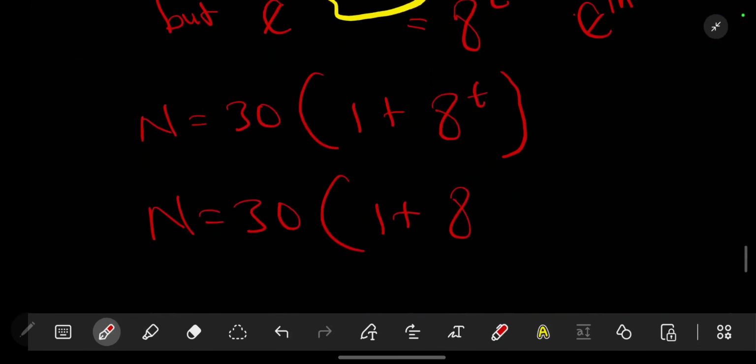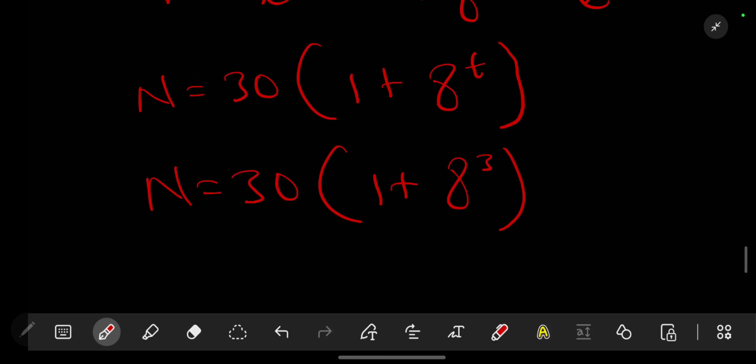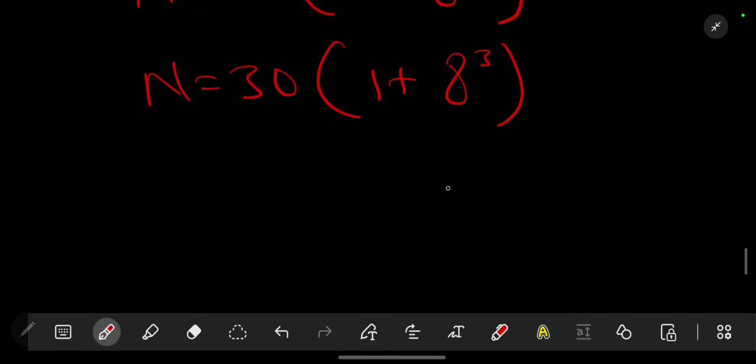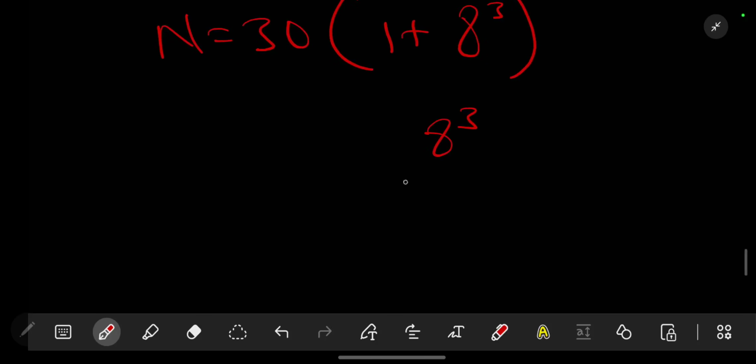Knowing that 8 to the power of 3 is 8 times 8 is equal to 64. Then 64 times 8, this gives us 4 times 8, it will be 32.